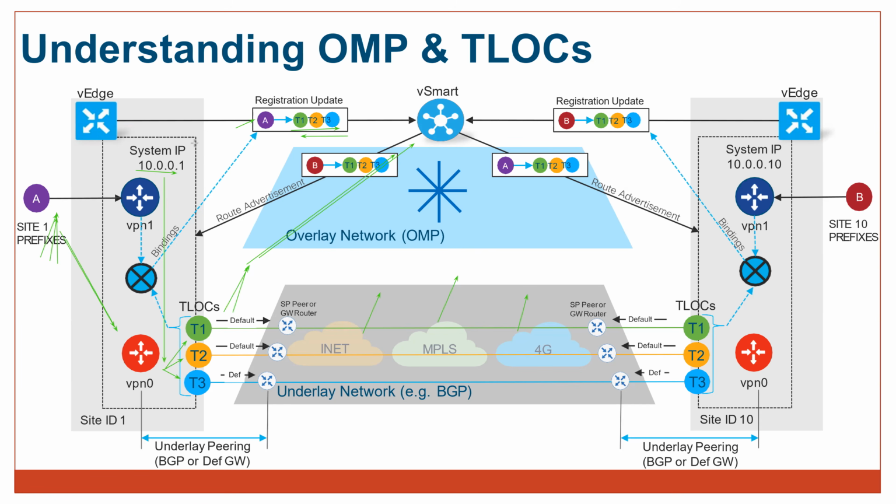The system IP is unique throughout the fabric, so vSmart will understand from the system IP that it is coming from this branch, and from the next hop that it is received via this ISP, service provider, or transport. So vSmart has to identify from the OMP update what the prefix is and what the TLOC is. What is the prefix and what is the next hop? Both are the same thing.